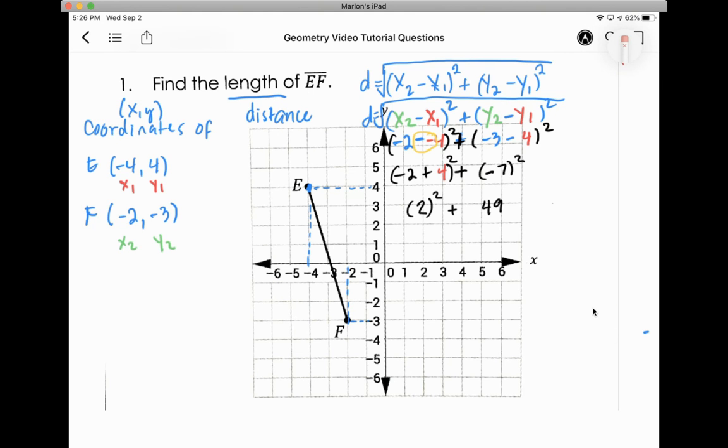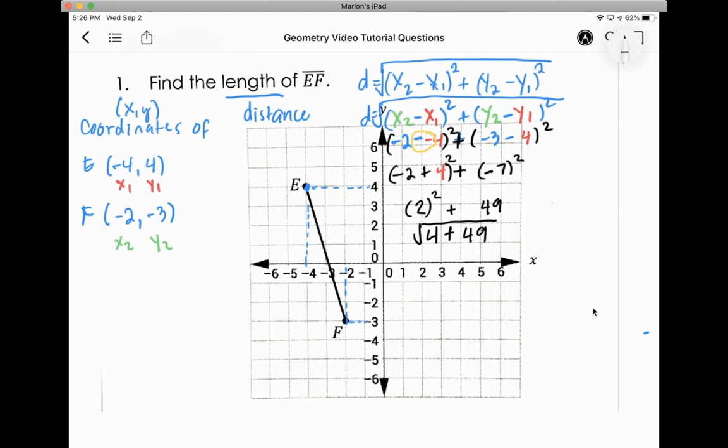So 2 squared, of course we know that's 4, plus 49. So 4 plus 49 gives you the square root of 53.